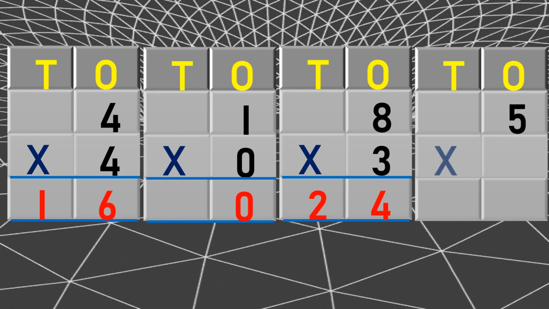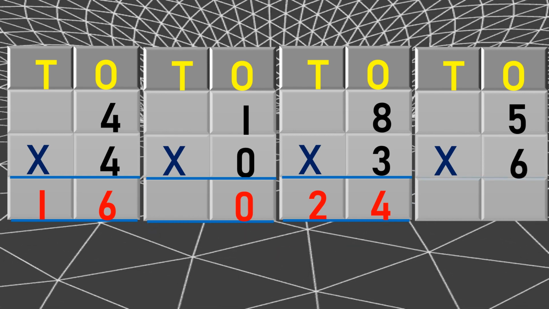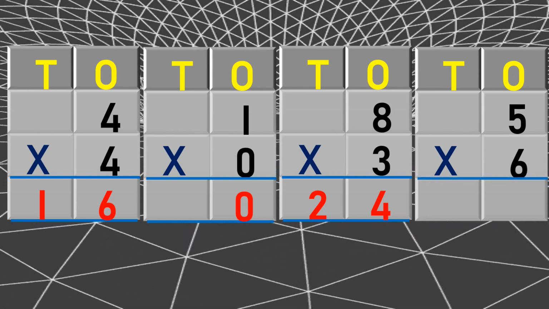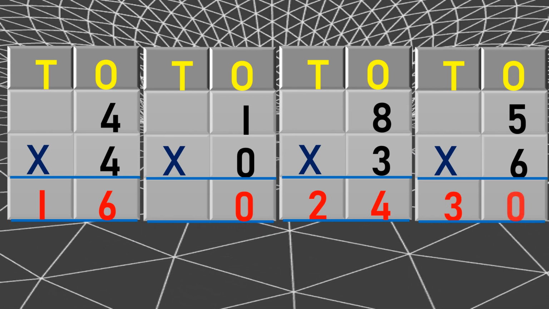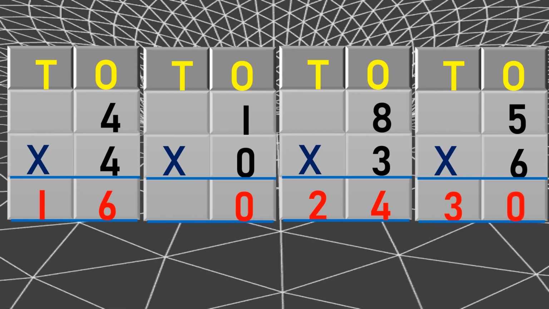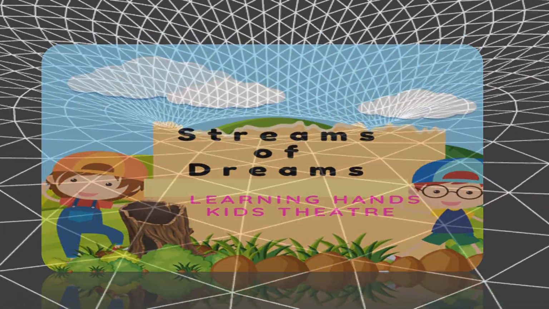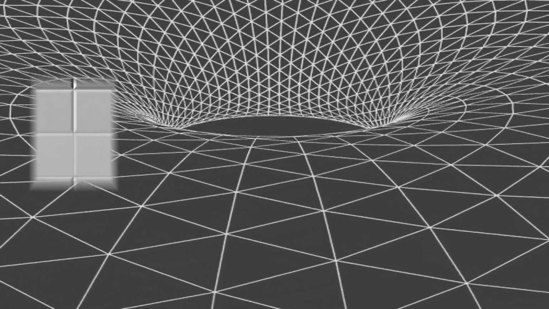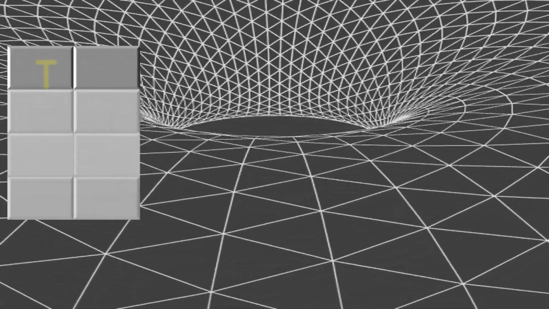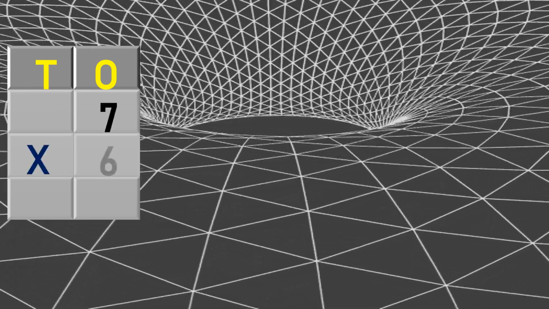Next is 5 into 6. 5 sixes are 30. 7 into 6.